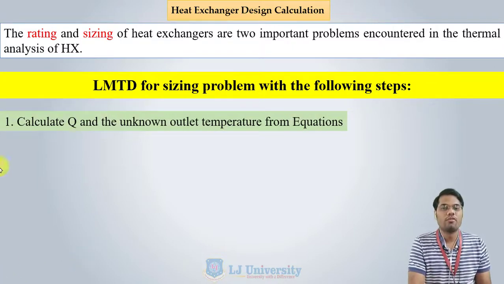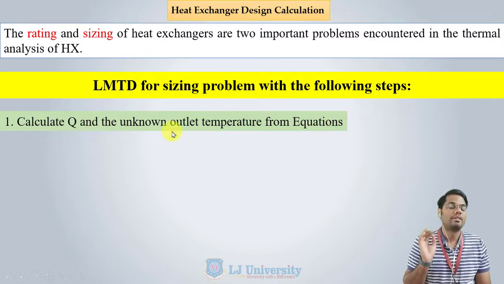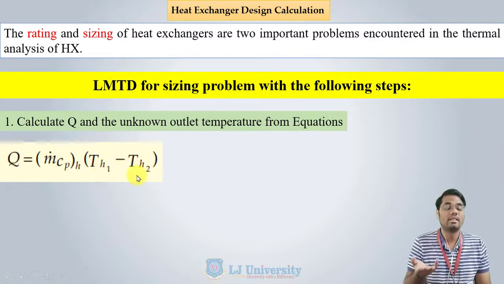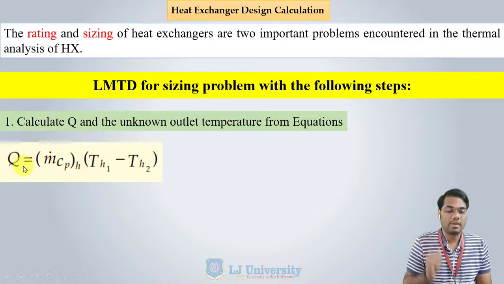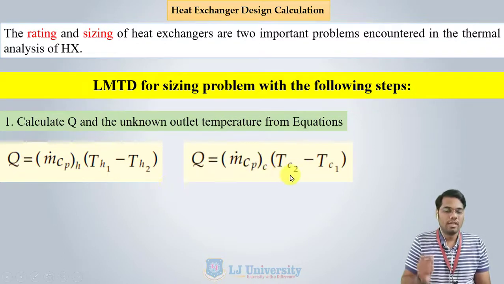For that, the first step is to calculate the required heat transfer rate for the inlet and outlet temperatures from the equation. We have this equation, where TH1 is the inlet condition and TH2 is the desired outlet condition. So for desired outlet TH2, what is going to be our heat transfer rate? First we need to calculate it. Also for required TC2, what should be the heat transfer rate?